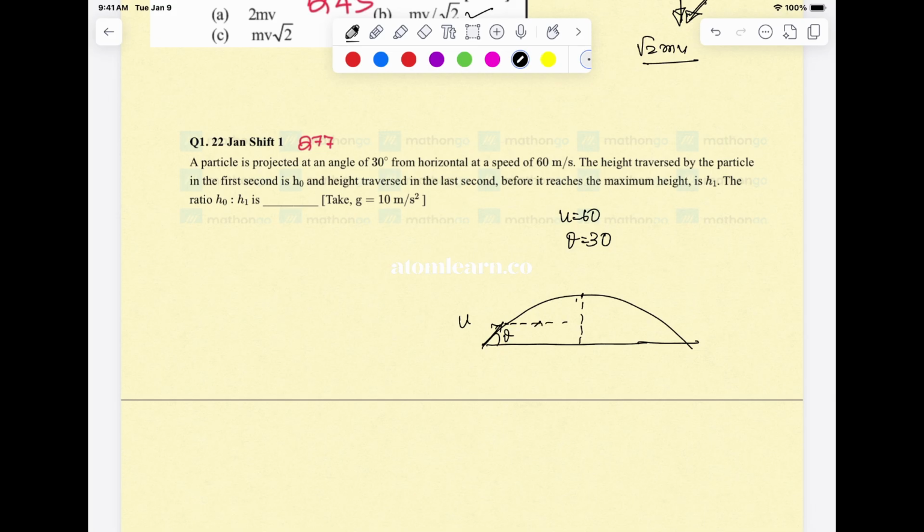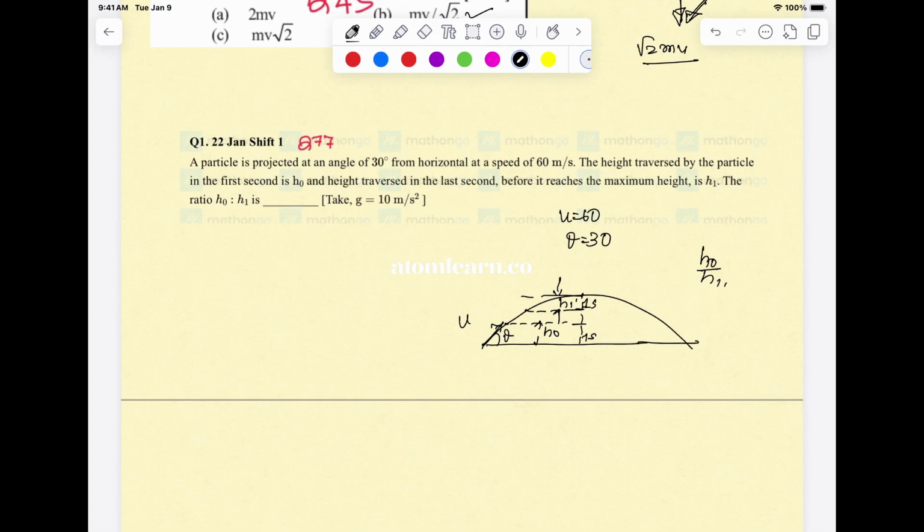Now this much in the first second is h0, and then the last second before reaching the top, this height is h1. Whereas this takes 1 second, this takes 1 second from the top. Therefore, what is asked for is h0 by h1.